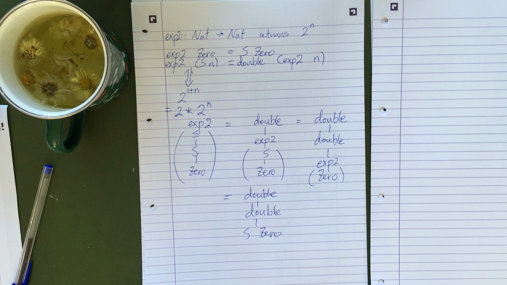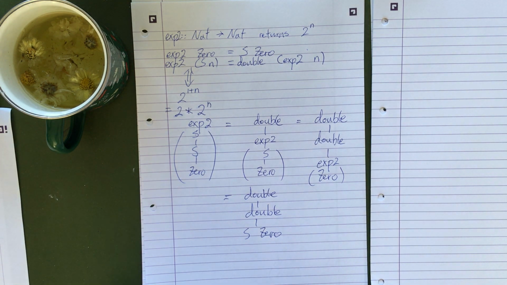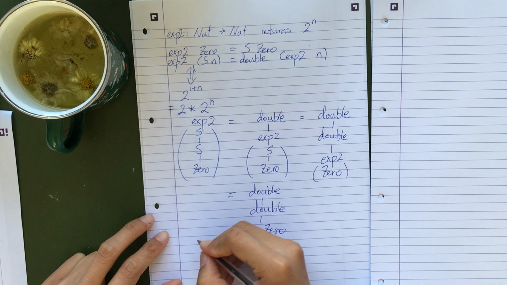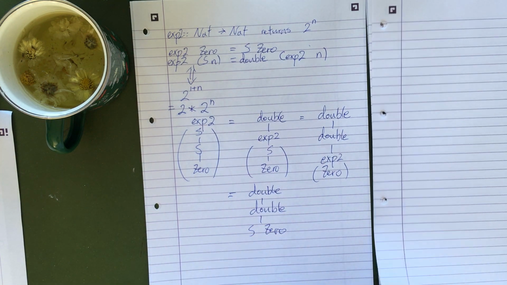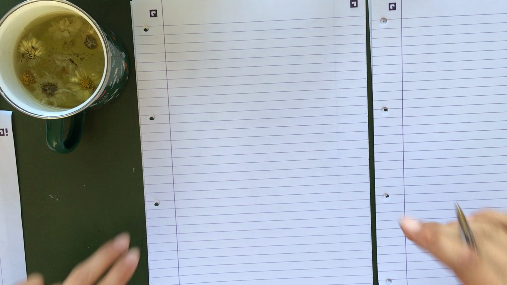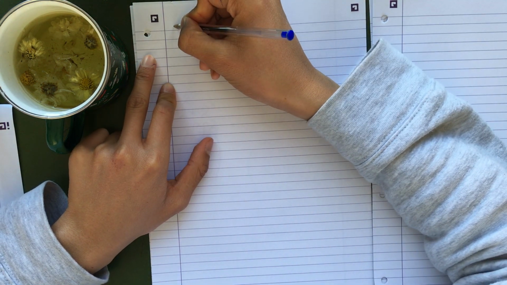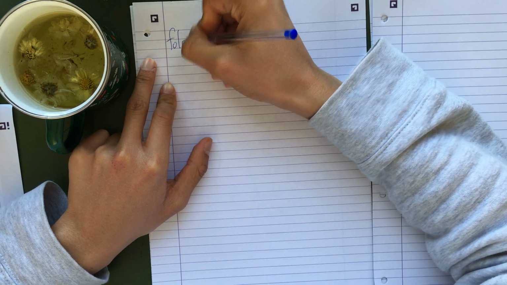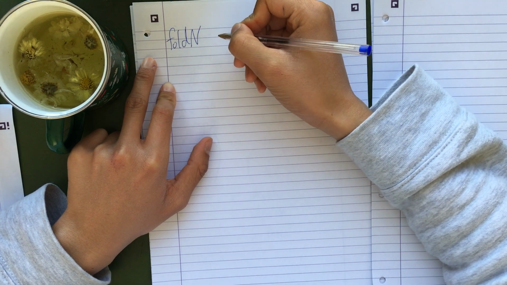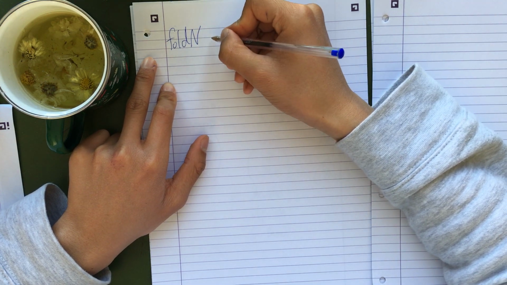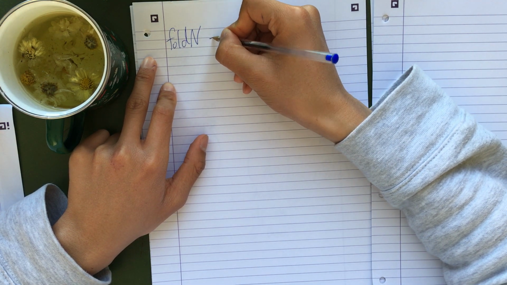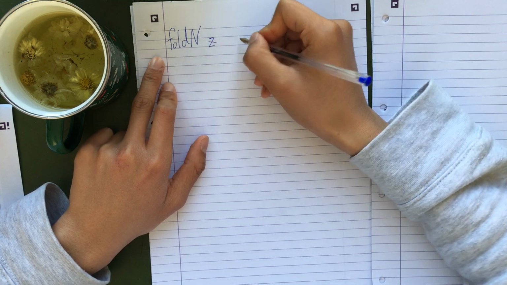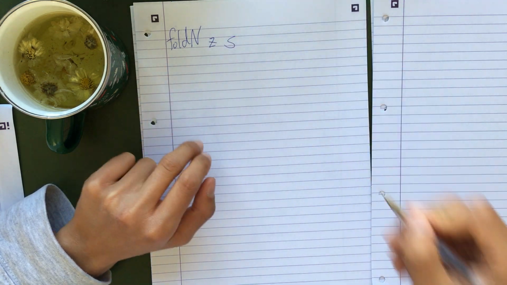And this idea is capturing this same recursive structure. It's called a fold. So I'm going to write a function called fold n. And fold n is going to take 2 parameters. It's going to take what you replace 0 with, a z, and what you replace s with, a little s.